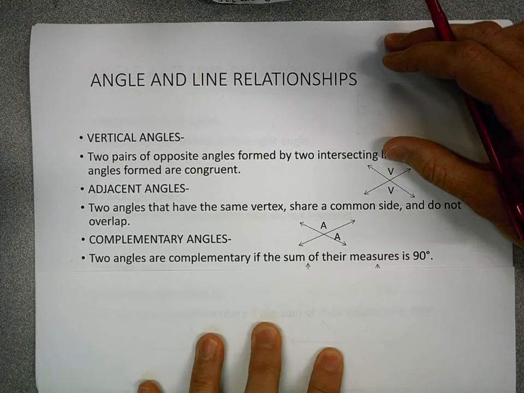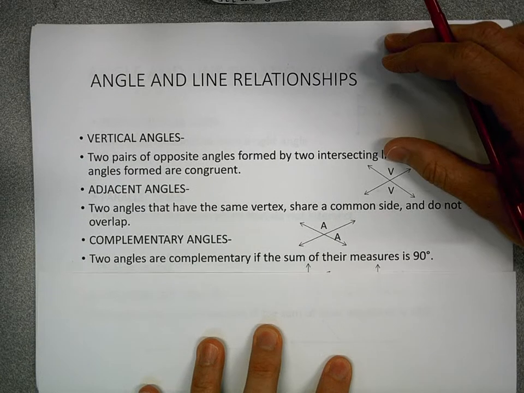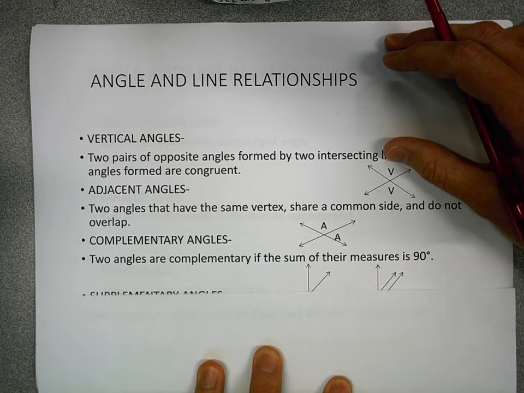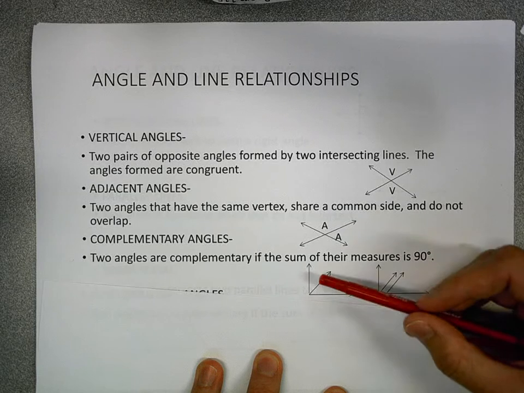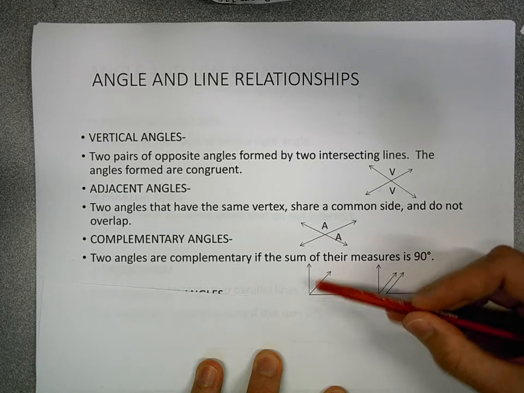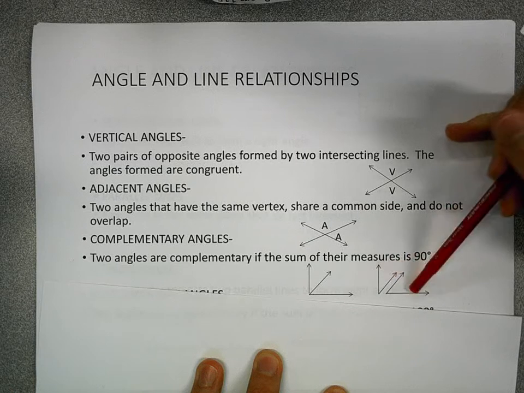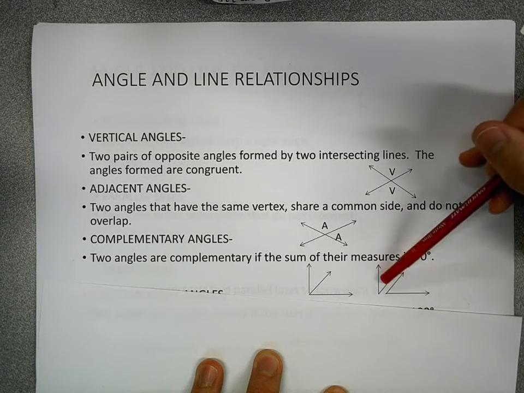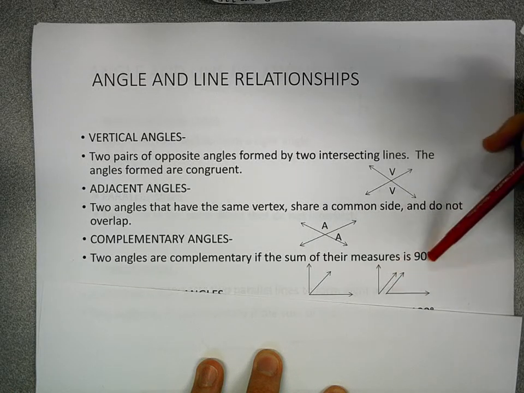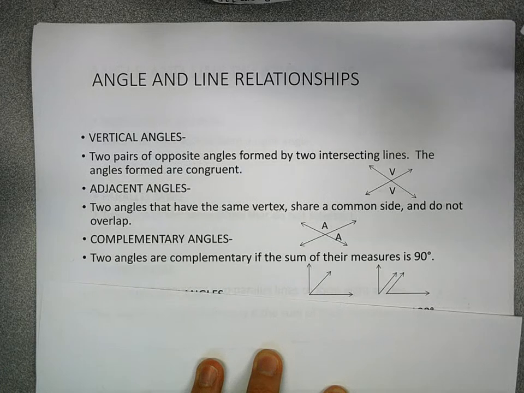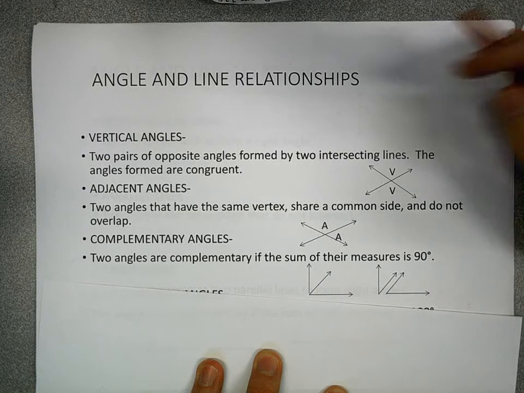It says two angles are complementary if the sum of their measures is 90 degrees. So you can have one set of adjacent angles like this here, two adjacent angles that are complementary, but complementary angles could also look like this. It could be two separate angles, but as long as the measurements of each add up to 90 degrees, they would be complementary angles.